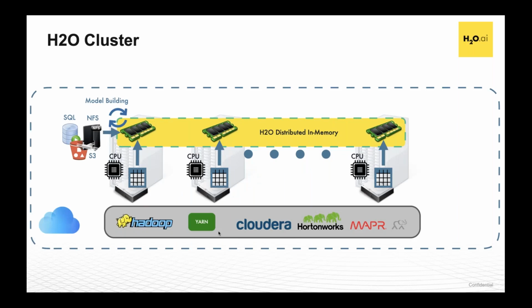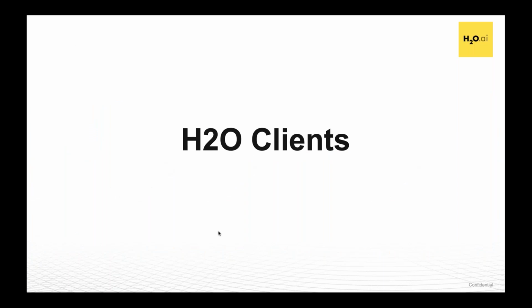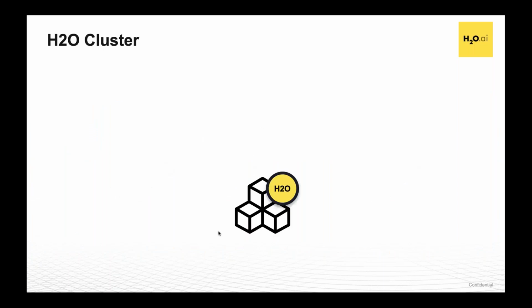And this is all being hosted most likely on your Hadoop, using YARN as a scheduler, or Spark, as I've said. Now, from a client perspective, from a data scientist perspective, you have your H2O cluster as one homogeneous thing running somewhere in your data center.